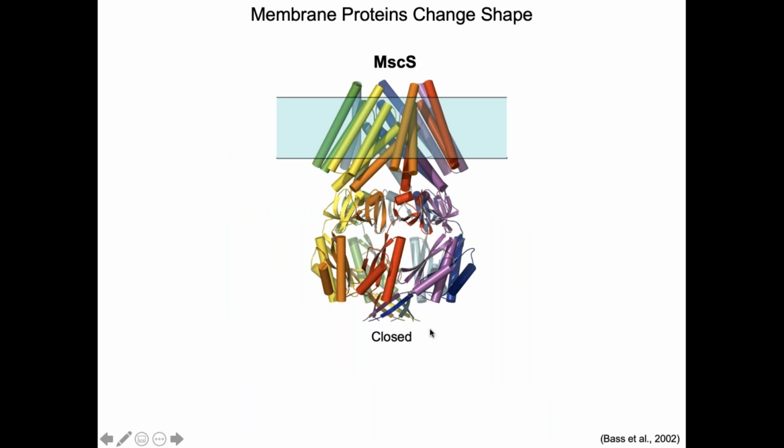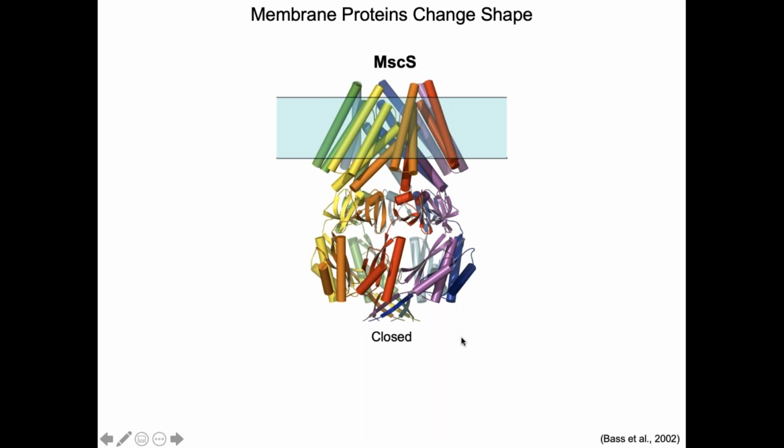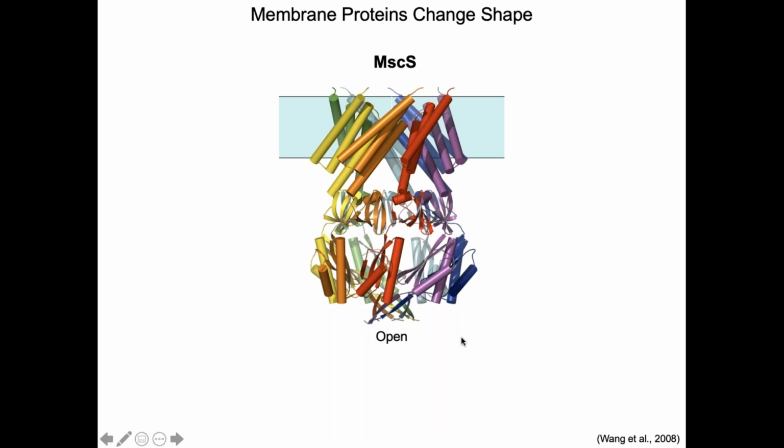And here I show another example, which is a mechanosensitive channel of small conductance, MscS, which for many years we have known exists in closed and open conformations. You see that these conformational changes are associated with substantial changes in the bilayer-spanning domain of the protein.